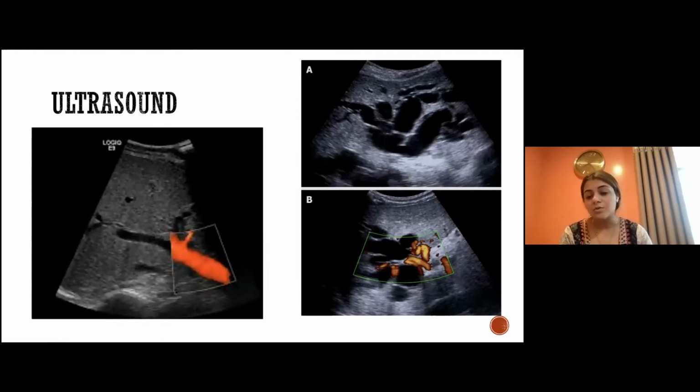It's due to the stones being lodged in the common bile duct. It could also be due to other reasons, like having a mass, and you'll see this image where it would pick up the color and the contrast.